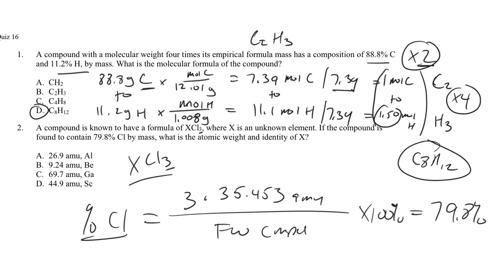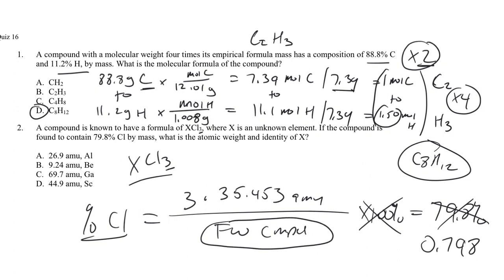So by them giving us the percent by mass chlorine, I can think about what that means and write out the formula for that and see that there's just one unknown here that I can solve for. So let me get rid of the percent here. Let's go to a fraction just to get rid of the 100%.